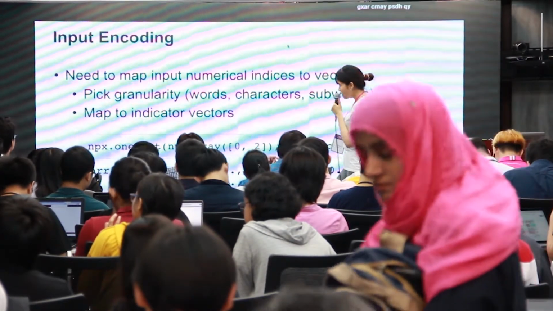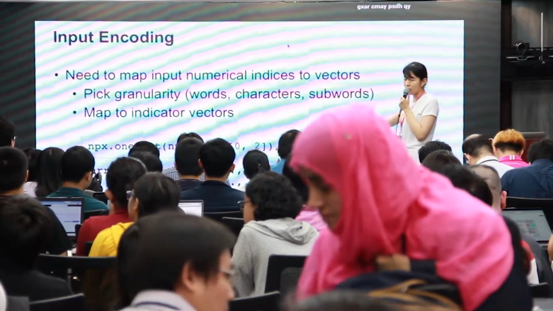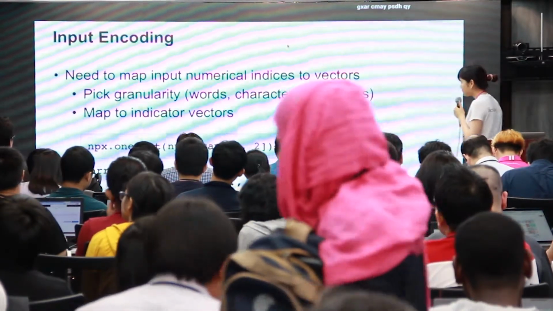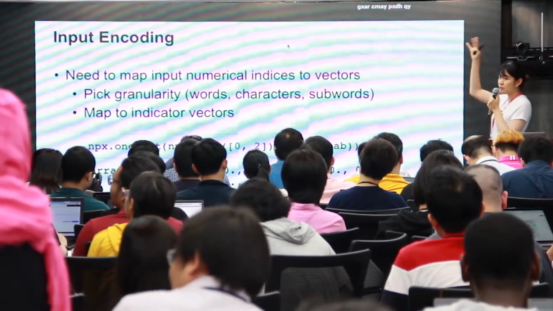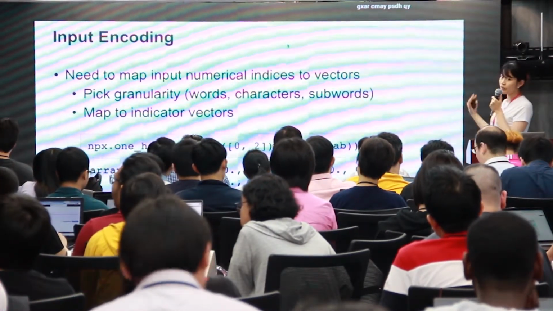This vector length will equal the length of the vocabulary, which is your dictionary. In this way, we can map each of the words independently to vectors, and then we can train on them.